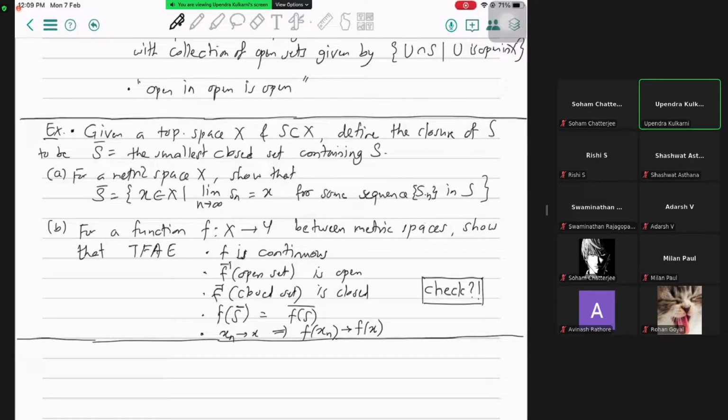So let's get started. The very first thing is to define closures. Okay. And for that, let's define the notion of a limit point. So definition.